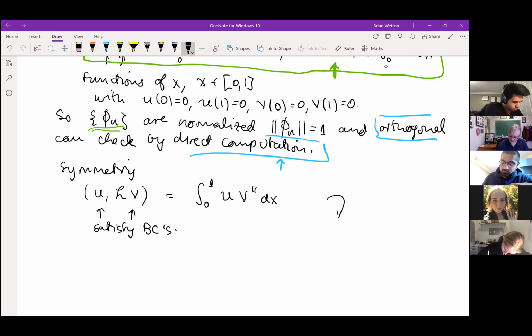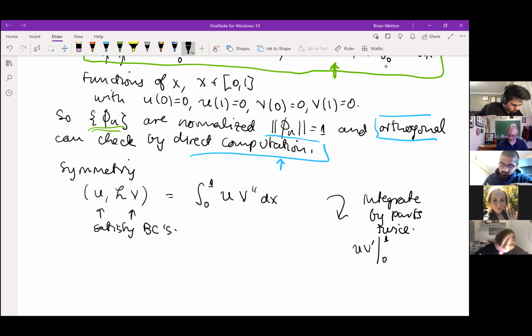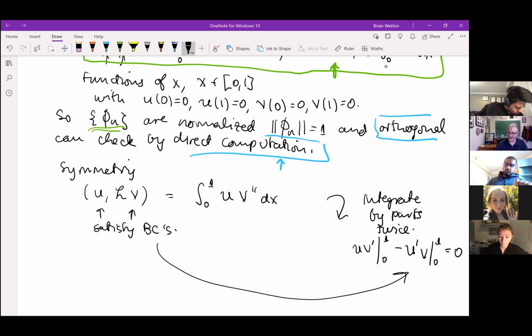Now I'm going to integrate by parts twice. When I integrate by parts once, I'm going to get a boundary term that looks like this. And when I integrate by parts the second time, I'm going to get a boundary term that looks like this. And because of the boundary conditions, those are 0.